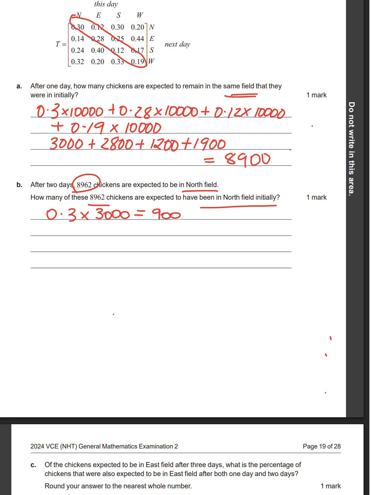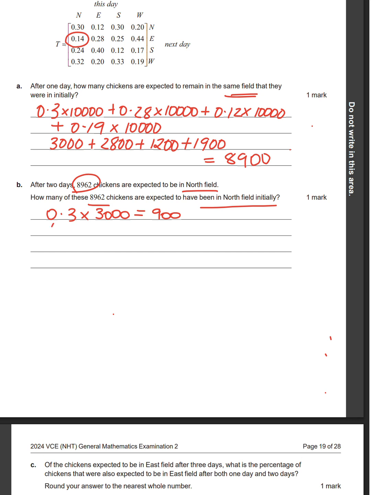So that is going to be 900. Okay, but we also have chickens that stayed one night in a different field and then came back. So we know that on this day, in the north, we had 14% that went to east.